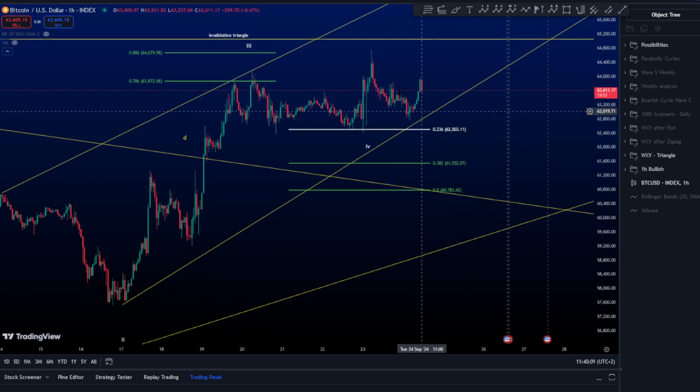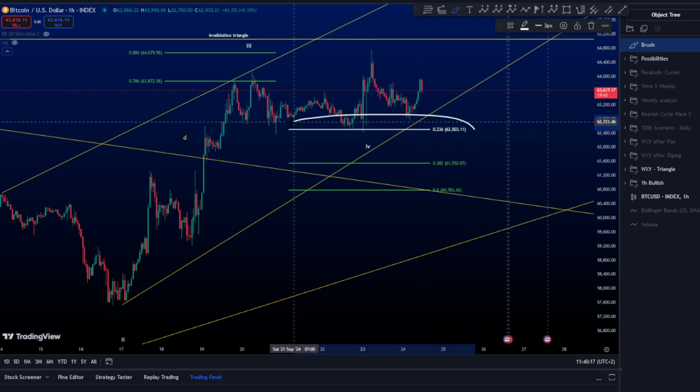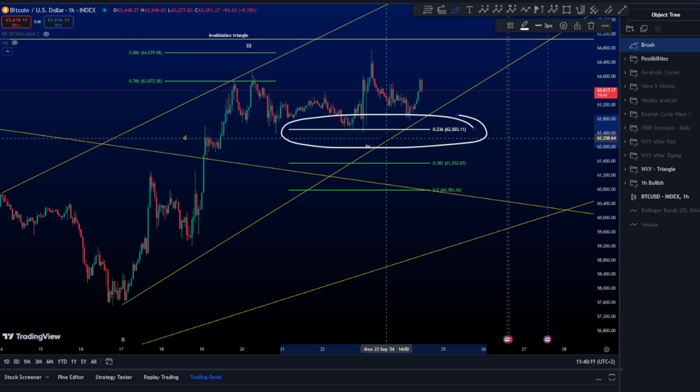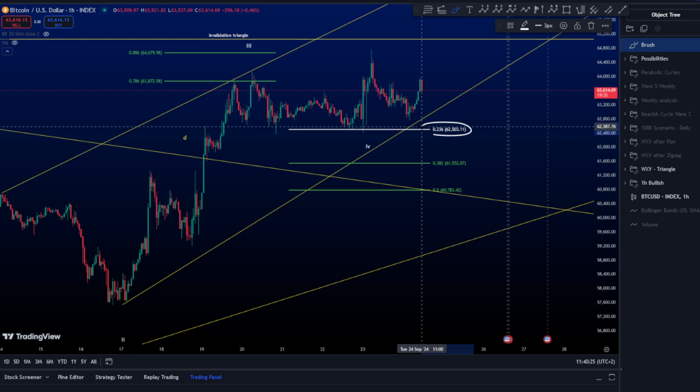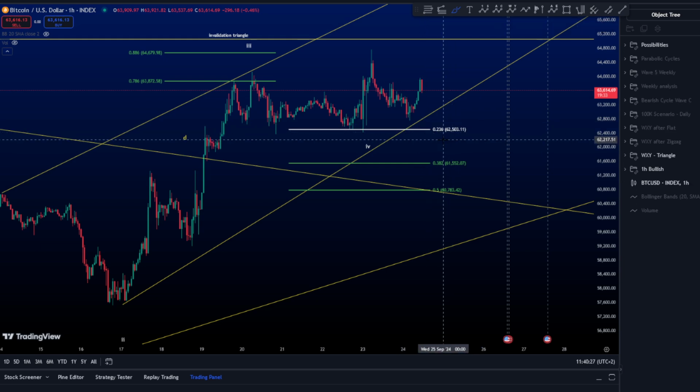In case we see lower prices, it was already explained on the daily chart what possibilities that can bring for us. However, don't forget that we did not go under the 0.23 fib level, which is a very strong indication of a bullish market, right?